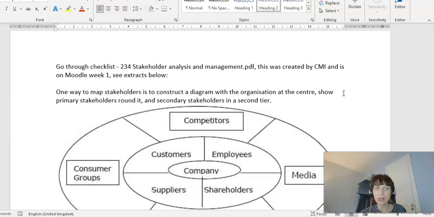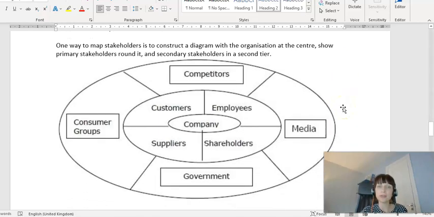Around those you've got external stakeholders, the secondary stakeholders: competitors, consumer groups that may lobby against what we do or be very for it, with a vested interest but not directly connected to the business, the media, and then the government. So that's one way of classifying our stakeholders, this idea of primary and secondary.